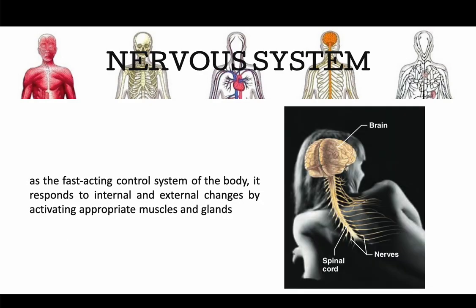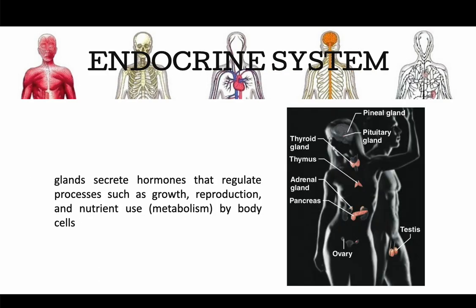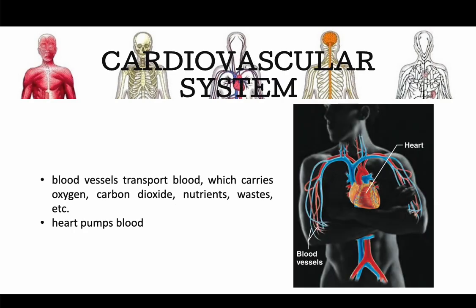The nervous system is the fast-acting control system of the body. It responds to internal and external changes by activating appropriate muscles and glands. Your endocrine system, these are glands that secrete hormones that regulate processes such as growth, reproduction, and nutrient use by body cells. Your cardiovascular system: blood vessels transport blood, which carries oxygen, carbon dioxide, nutrients, and waste, and the heart.